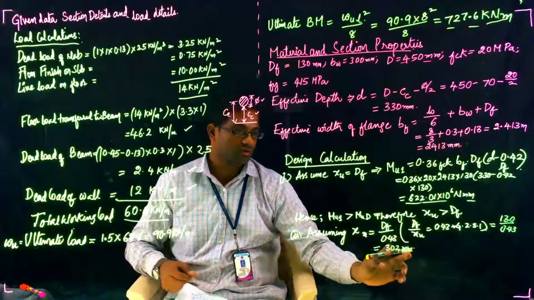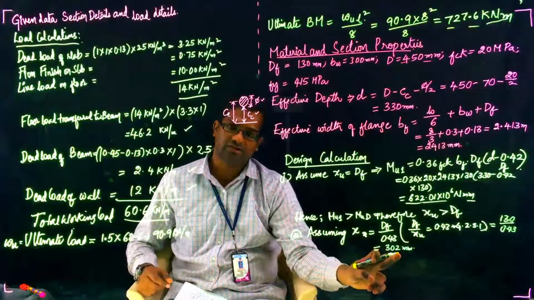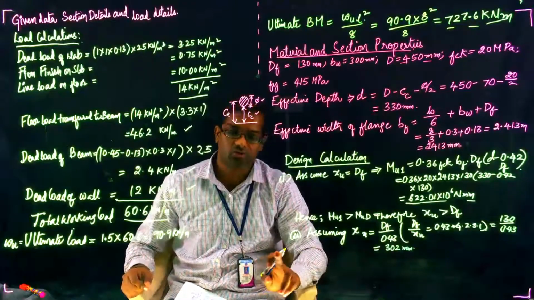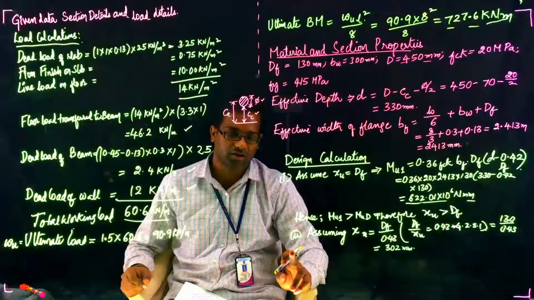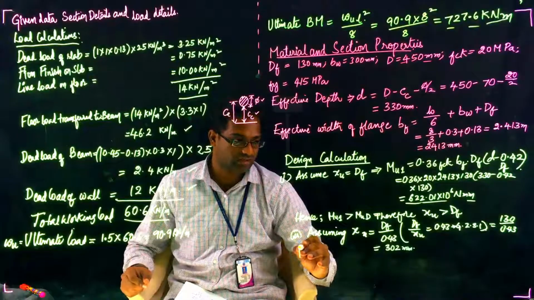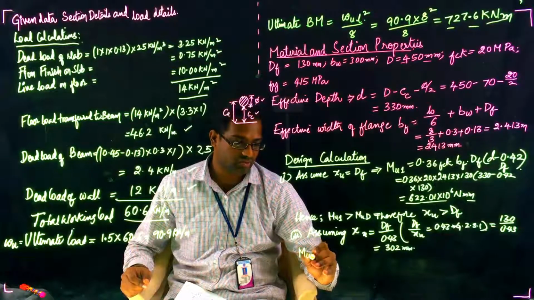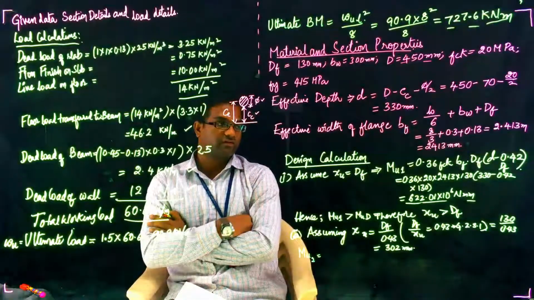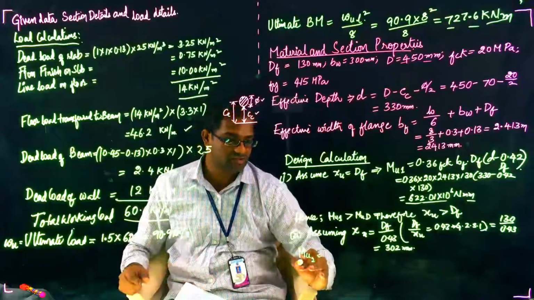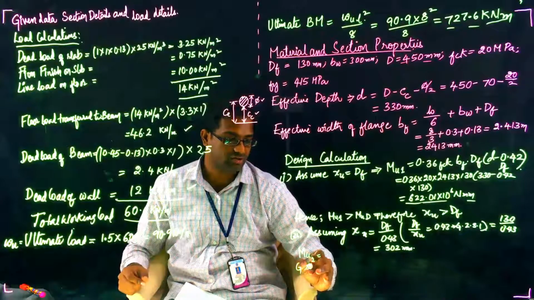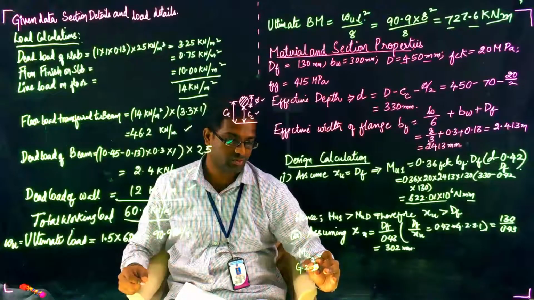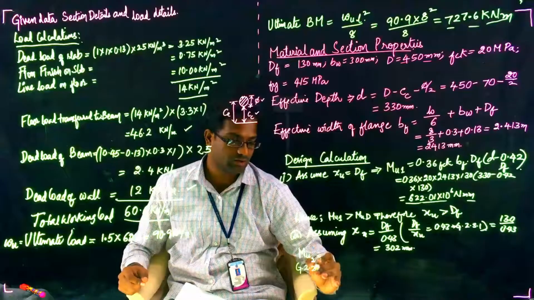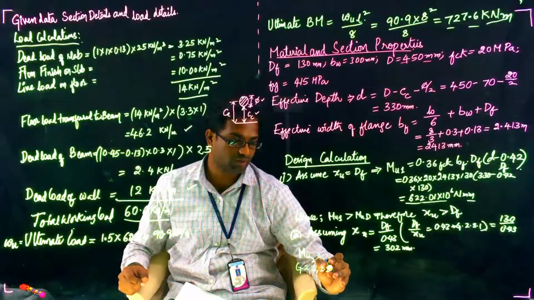Now, knowing the XU value is 302 mm, you can calculate moment of resistance. Now we will denote this as MU2. Now we will refer to clause number 2.1, 2.2 and 2.2.1.